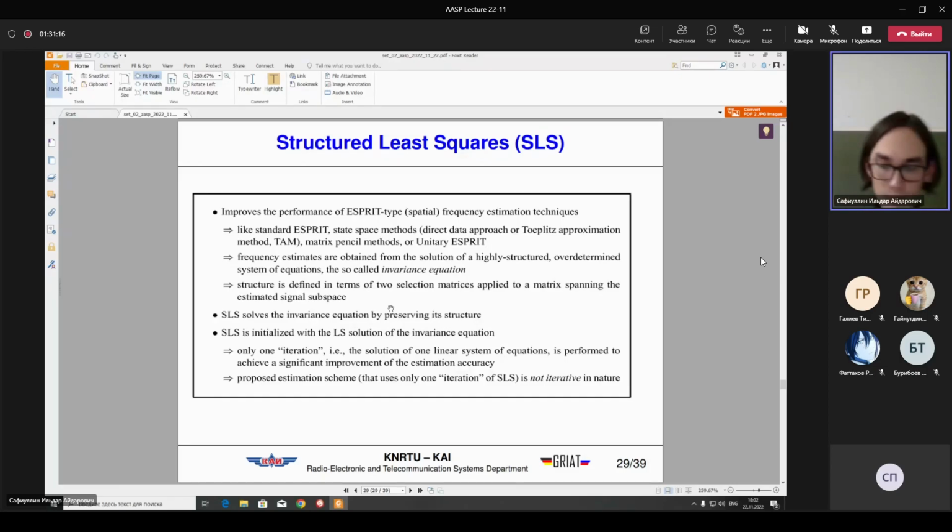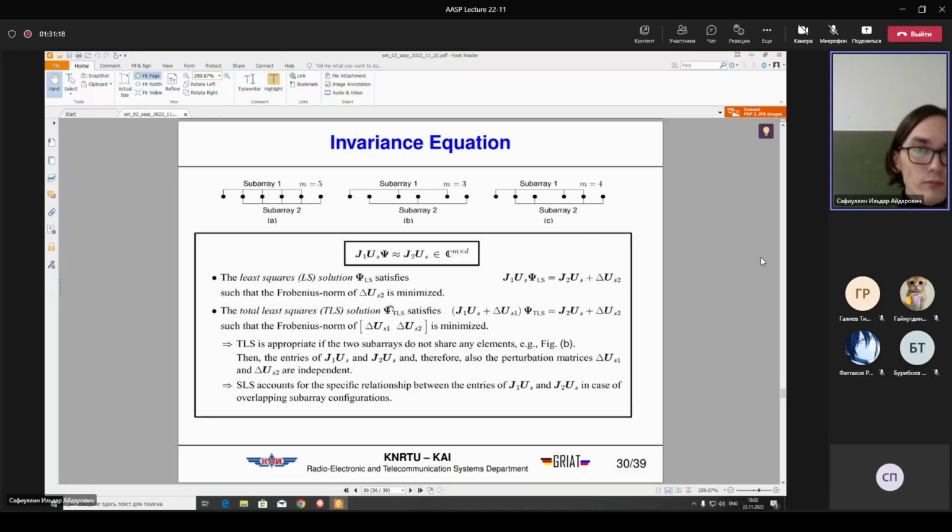In this case, you can see that we have the invariance equation with selection matrix 1 times U sub S times matrix Xi, if I'm not mistaken, which is approximately equal to selection matrix 2 times U sub S. And here you can see three types of our subarrays.